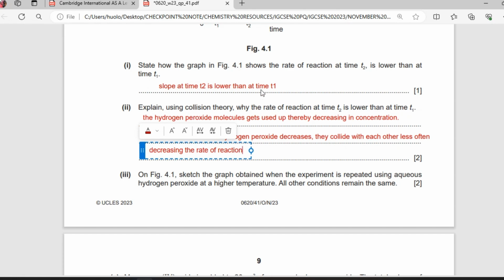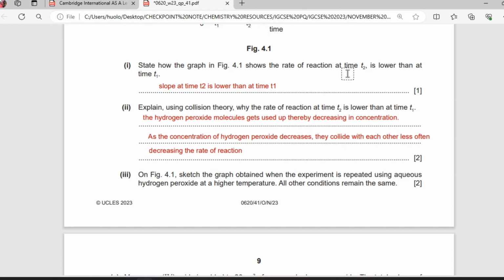Okay, so I hope you get it. So the hydrogen peroxide molecule is getting used up from time T1 to time T2. Hydrogen peroxide molecule is getting used up, is getting converted to water and oxygen.